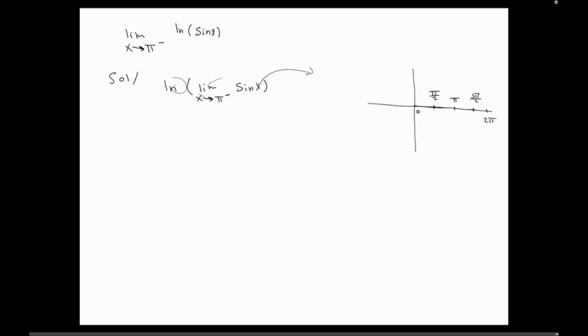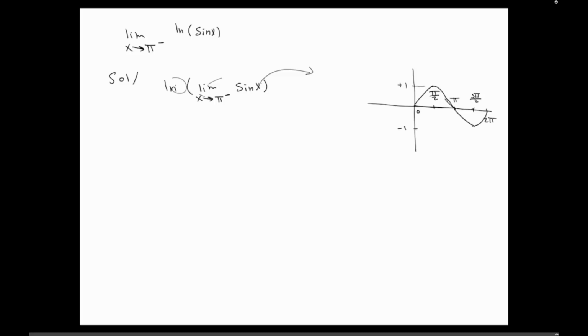As you guys know, sine 0 is 0, sine 90 is 1, and at sine pi or 180 it's also gonna equal 0, and at sine 270 it's gonna equal -1. So this is -1, this is +1, and over here it's gonna equal 0 at 2 pi.